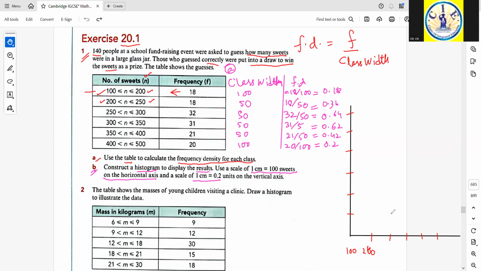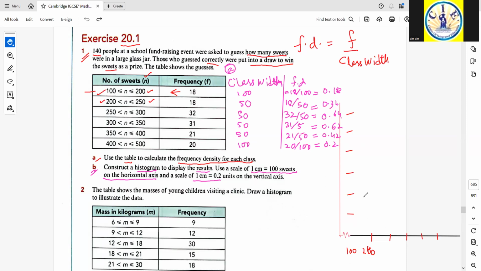In such type of data, when it is something not starting from zero, it's better if we can do it in another way as well. If I erase this one and I start it from a bit behind like this, and then at this part, I need to do this thing.